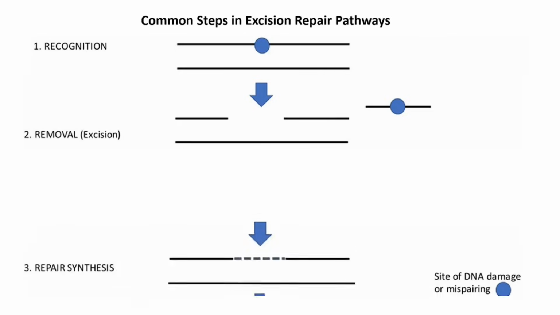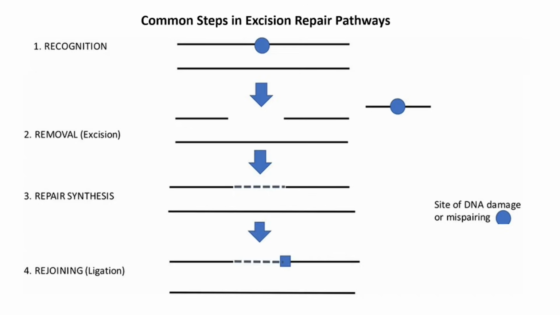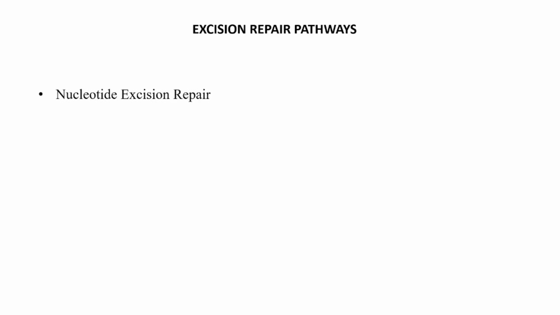The third step is new DNA synthesis using the complementary strand as template, and this is followed by ligation where the nick is sealed. All organisms, prokaryotic and eukaryotic, employ at least 4 excision repair mechanisms. These include nucleotide excision repair mechanism, base excision repair, mismatch repair, and SOS repair pathways. We will be talking about these pathways in the coming lectures.